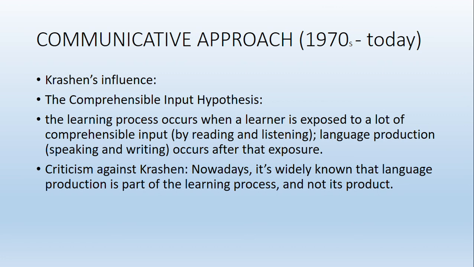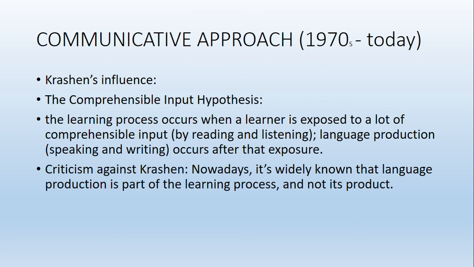The criticism against this idea is that nowadays it's widely known that language production, speaking and writing, is part of the learning process, not its product. So he was right when he said that the learner needs to be exposed. He was right about the input, but he was wrong by saying that we speak after the input.